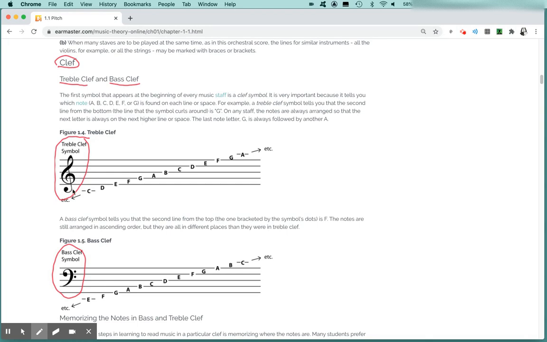The treble clef is also called a G clef. Why?